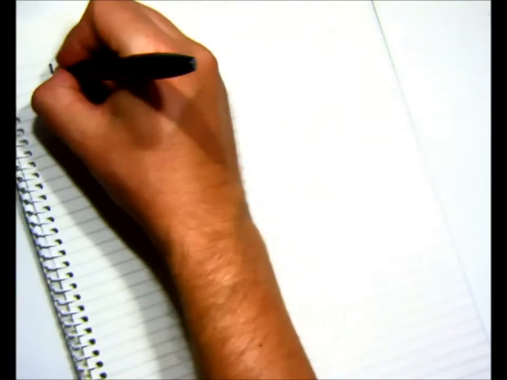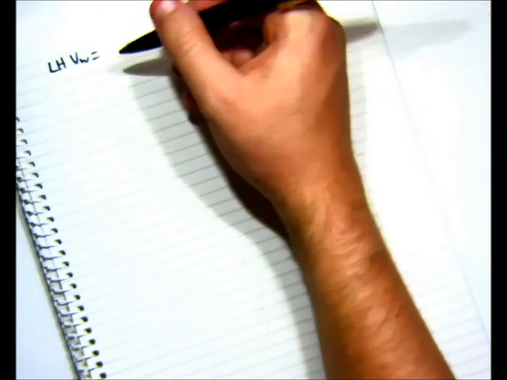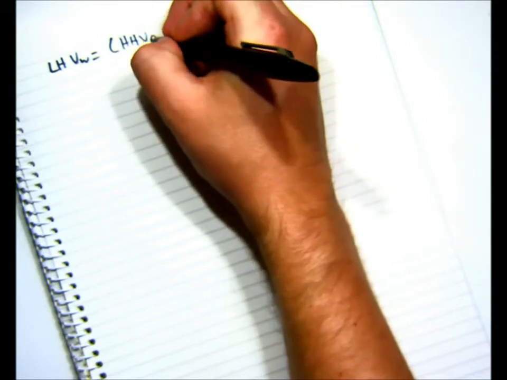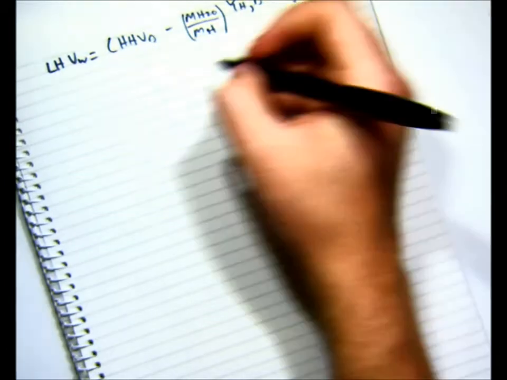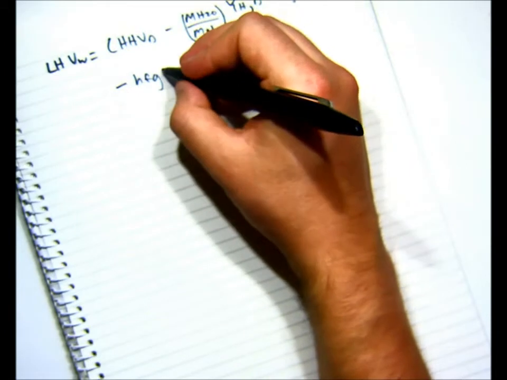So we have now LHV wet equals LHV dry, but we know that LHV dry is HHV dry minus the mass ratio of water to hydrogen by the dry mass fraction of hydrogen by HFG, and this is all times by 1 minus W, and then there's also another loss mechanism of HFG W.